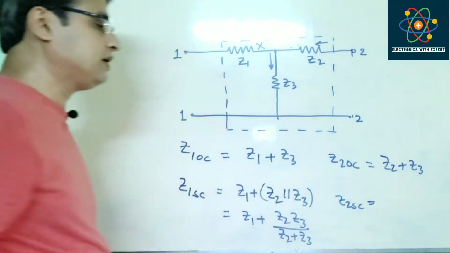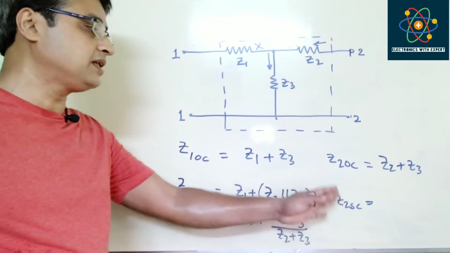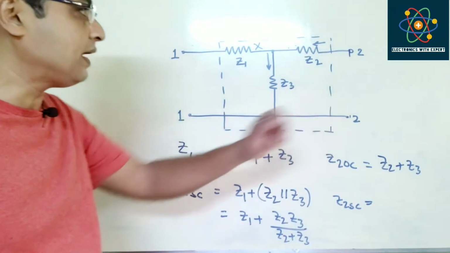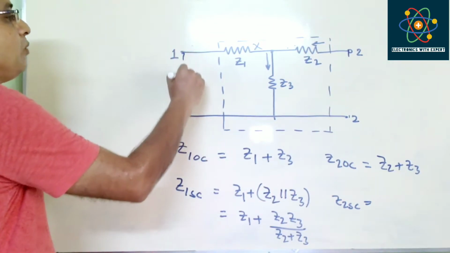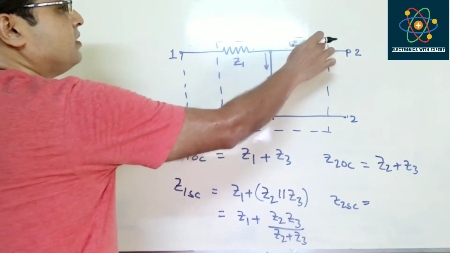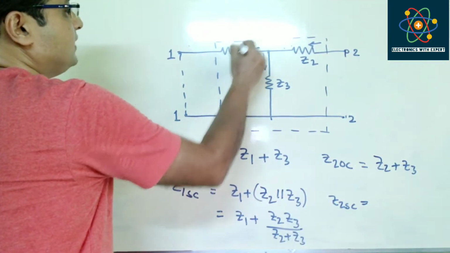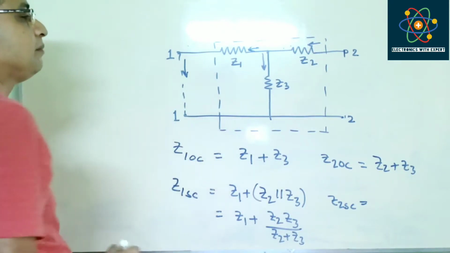And whenever we are considering Z2 SC, it means you have to measure the impedance along the 2, 2 terminals while making the 1, 1 terminals shorted. That means the current flowing across Z2 must flow along Z1 via these terminals.